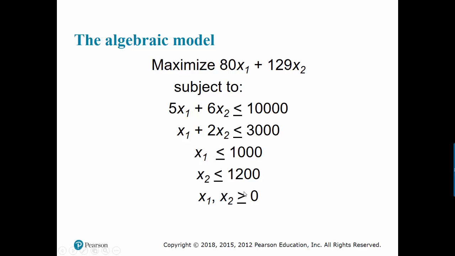And of course, the non-negativity constraint. The non-negativity constraint should be added at the bottom of all algebraic models when you are formulating linear programming models. Non-negativity is a requirement, so you have to identify that at the bottom. This is how you would go through the process of formulating a linear programming model.